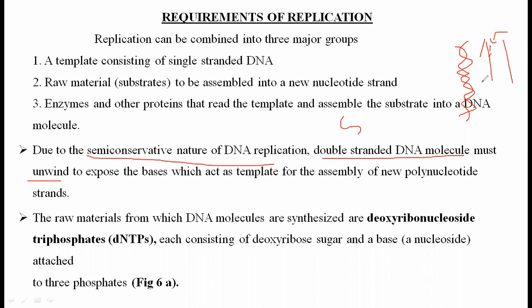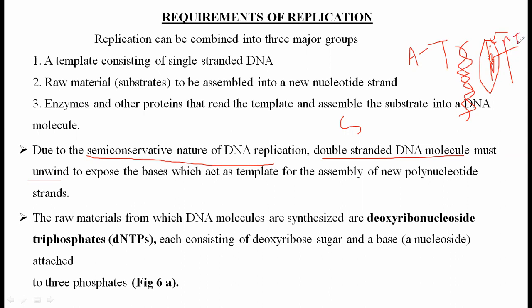When it exposes its bases, it will become a template. If the base is not exposed, we cannot synthesize. If we don't know which base is here, we cannot bring another base here, right? Because in DNA, if base adenine is there, it always combines with thymine. If we know there is adenine, the enzymes will bring the thymine.